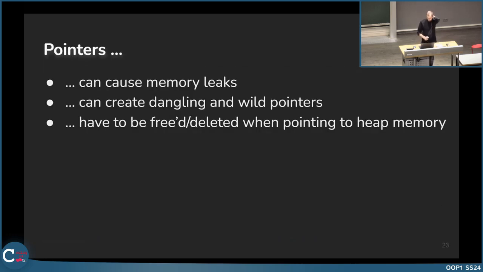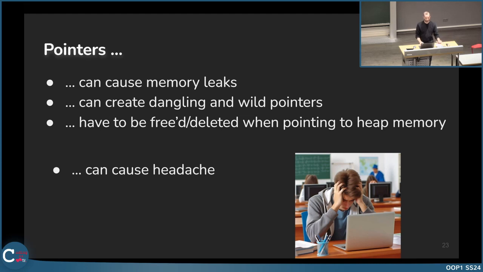So pointers in general can cause memory leaks, create wild pointers or dangling pointers, and we have to free and delete all the memory where the pointer points to. So in general, I think it can cause a lot of headache.